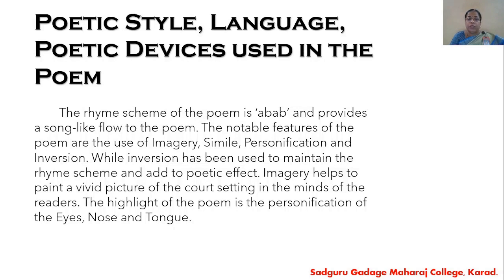While inversion has been used to maintain the rhyme scheme and add to poetic effect, imagery helps to paint a vivid picture of the cold setting in the minds of the readers. The highlight of the poem is the personification of the eyes, nose and tongue.